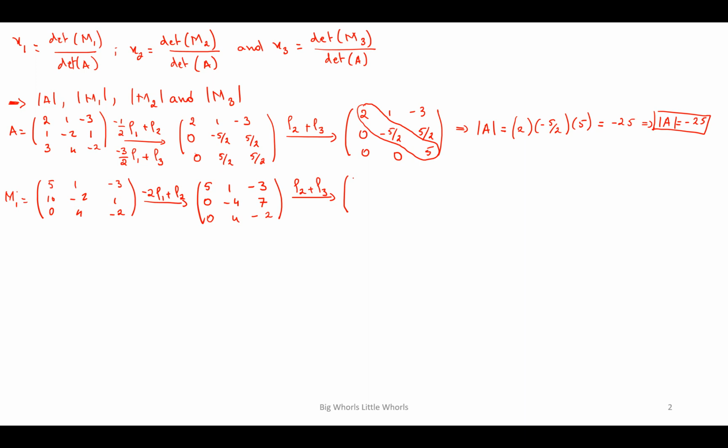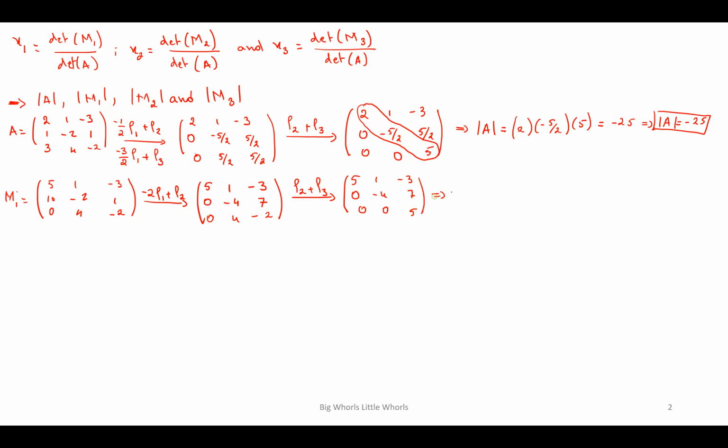So we have 5, 1, minus 3, 0, minus 4, 7, and 0, 0, 5.